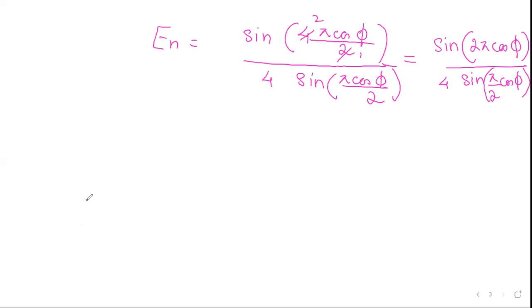When the denominator becomes 0, then we have the fraction going to maximum. Now, look at the denominator. The denominator will become 0, it's a sine function, only when the angle of the sine function becomes 0 and pi.